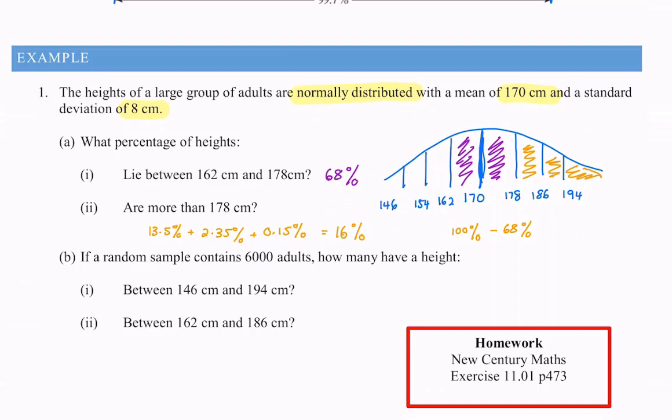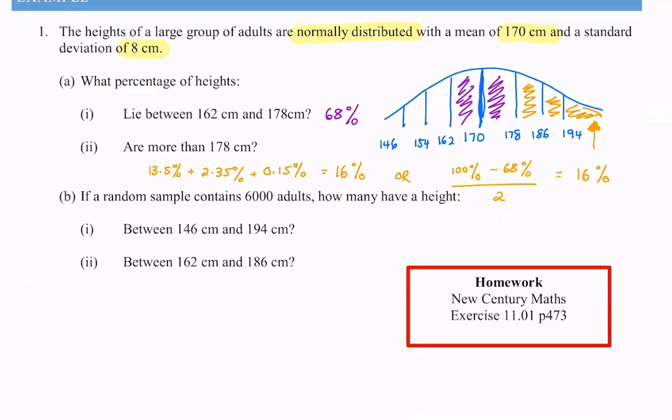Then I could divide that answer by 2, because I only want this half, using the fact that my normal curve is symmetrical. If I do that, I get exactly the same answer, which is 16%. So you can use either method. It might be a good idea now to pause the video and see if you can do part B yourself.